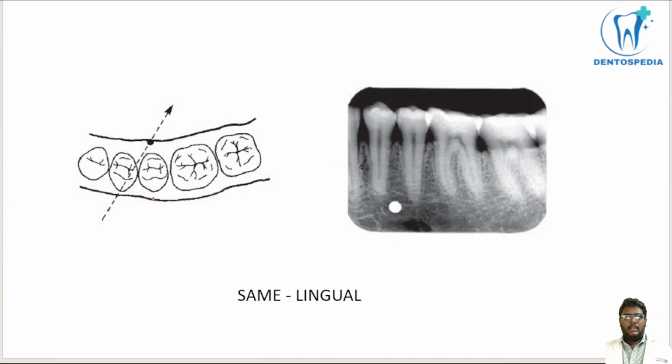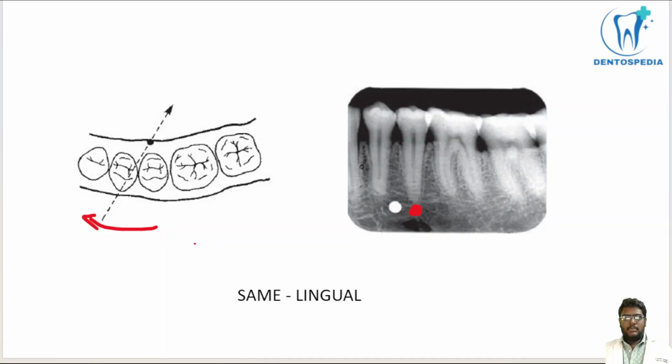Here we are sliding the cone slightly towards one side and then exposing the same area of interest. If you get this kind of image, this is the initial position of the pathology.